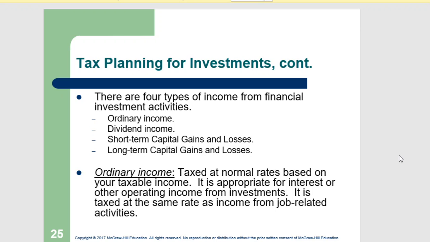So what I mentioned, the short term, long term, that's for capital gains and losses. That's when you sell, right? That's like stock price appreciation or depreciation. But you can also get dividend income and ordinary income from investments. So, right, if I have stocks and they pay me dividends, that itself is dividend income. It's not capital gain income and is taxed differently. And then ordinary income has the worst rates.